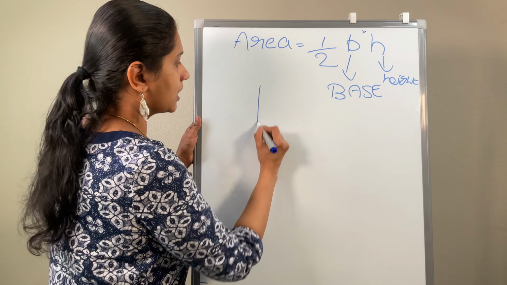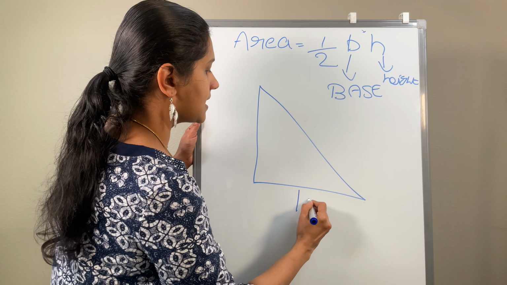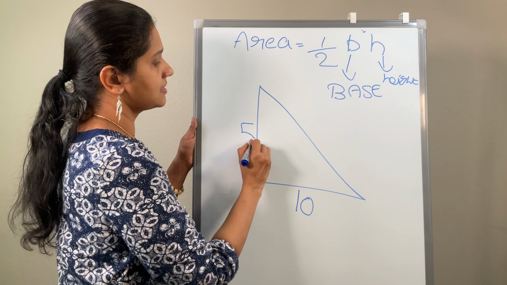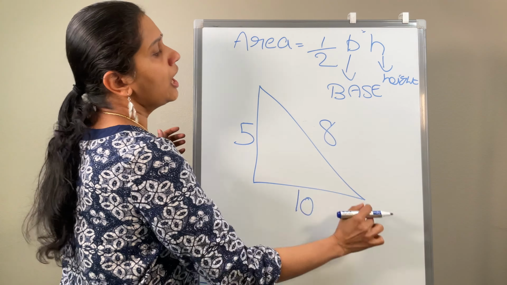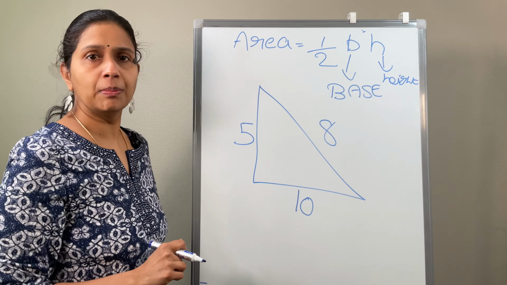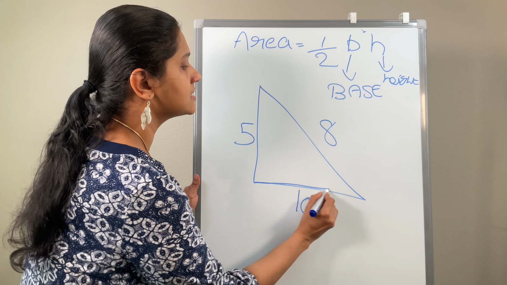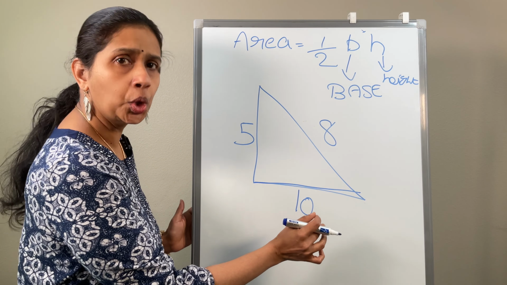Consider the triangle having the base as 10, the height as say 5 and the side as 8. Now by applying the formula for the area, 1 by 2 base times height, what is the base here? It is going to be equal to 10.